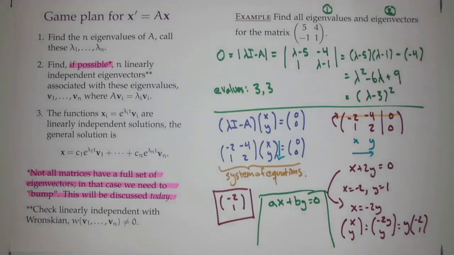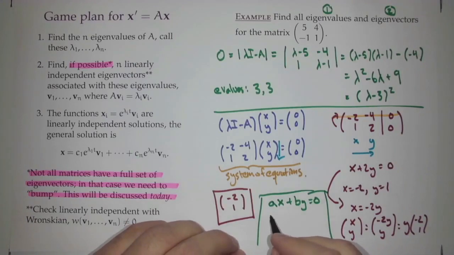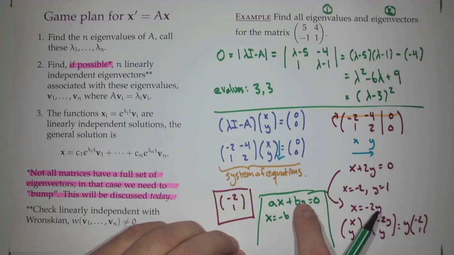And sometimes you can spot a choice for x and y very simple, but here's an easy choice that will always work. Choose x equals minus b and y equals plus a. And what happens? You get minus ab plus ab. So they will cancel out.